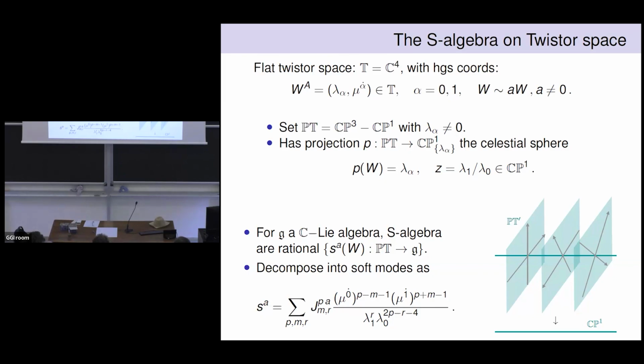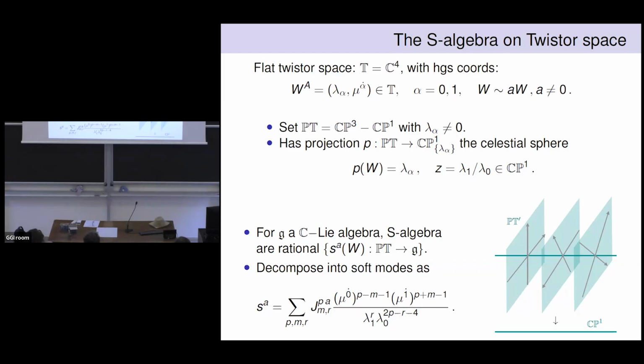And these coordinates nicely fit into the two indices. We had two integer indices on the S algebra. One of them, 2p, is the degree of the polynomial in the mu's, and then m is the difference between the mu naught dot and the mu one dot components.